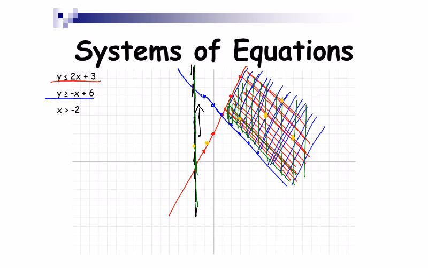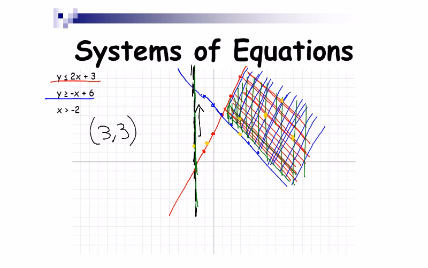All right, so just look for where the point meets all the conditions. In other words, if I asked you about this point right here, 3, 3, is 3, 3 a solution?